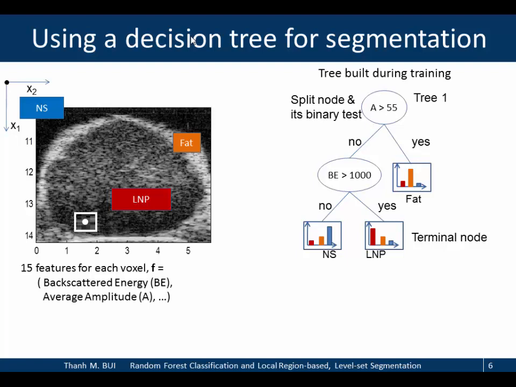A decision tree is a graph with no loop consisting of split nodes and terminal nodes.